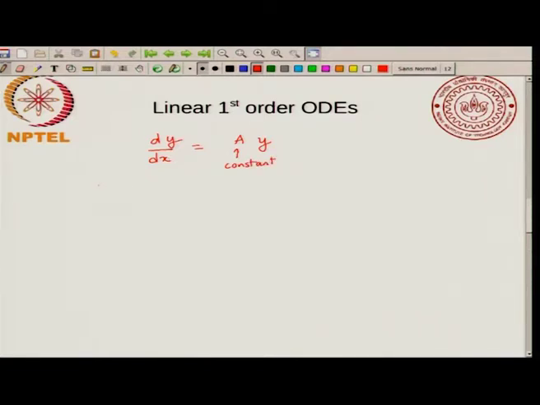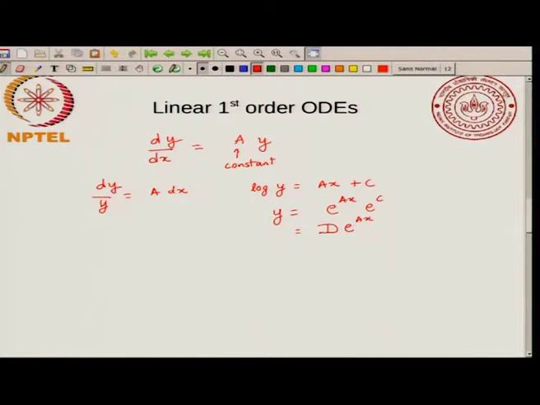So, you can solve this linear first order differential equation by writing dy by y is equal to a dx, or you can write log of y is equal to ax plus a constant of integration, or I can take exponential on both sides. I can write y is equal to e raised to ax into e raised to c, and I can just call e raised to c as some constant d.